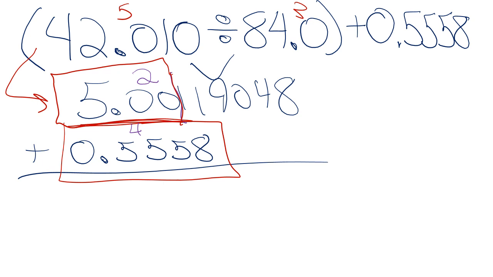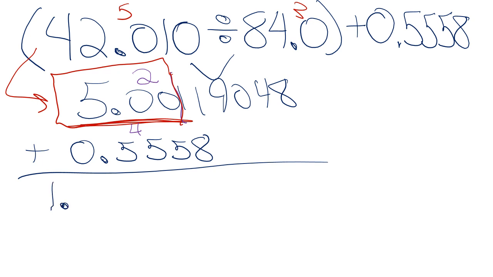However, we only round at the end. Therefore, those numbers, we're just going to enter them and then forget about them. So I'm going to add that entire number, 5.00119048 plus 0.5558.